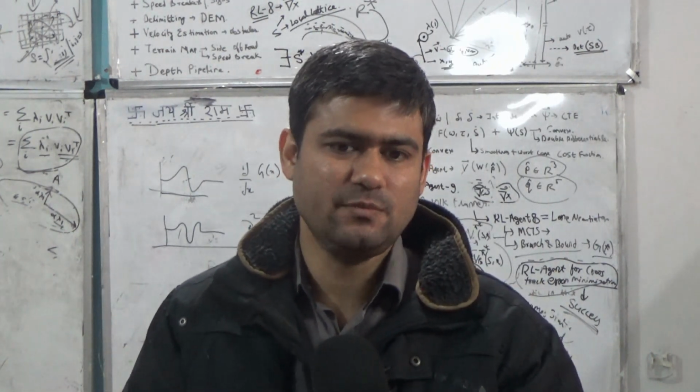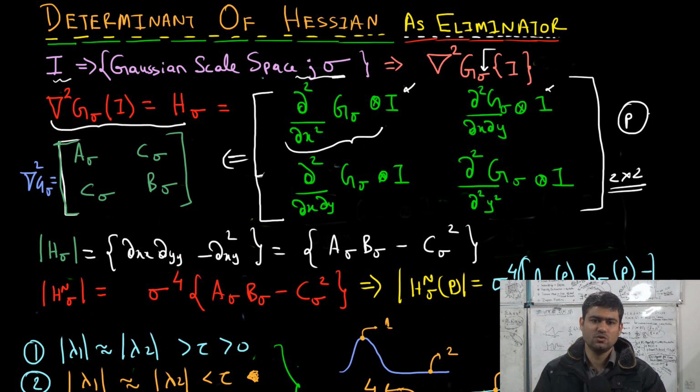So the same idea we apply over here. We compute the second order Gaussian derivative with respect to x, the second order Gaussian derivative with respect to x and y, and the second order partial derivative of Gaussian with respect to y, and we convolve the image function with the respective functions.